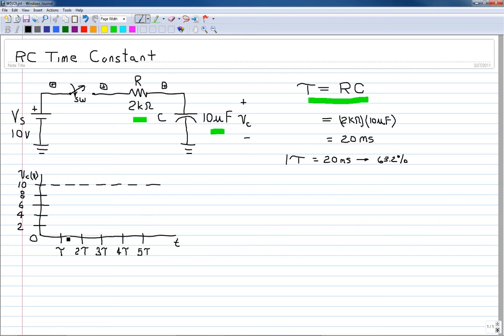So that means in 1 tau, we charge up the capacitor to 63.2%.